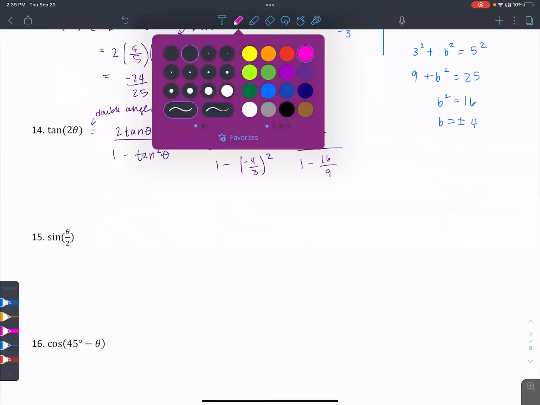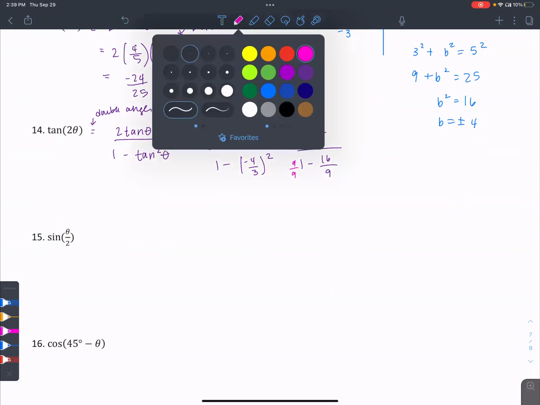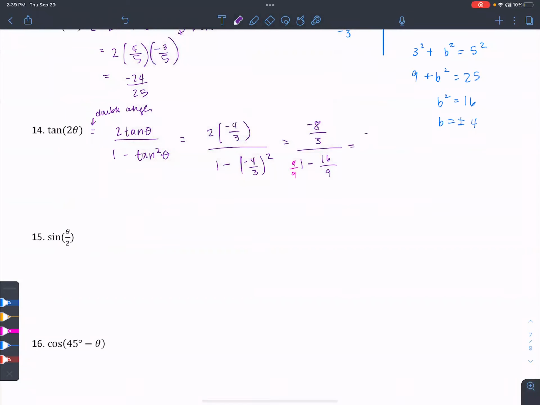This is actually 9 over 9, so I have -8/3 over 9 minus 16 is -7 over 9. Oof. And then the keep change flip. This is a 3, so this is 24 over 7. Lots of arithmetic there. Common denominator, so we can actually subtract, get a fraction in the denominator, and then flip it and multiply.